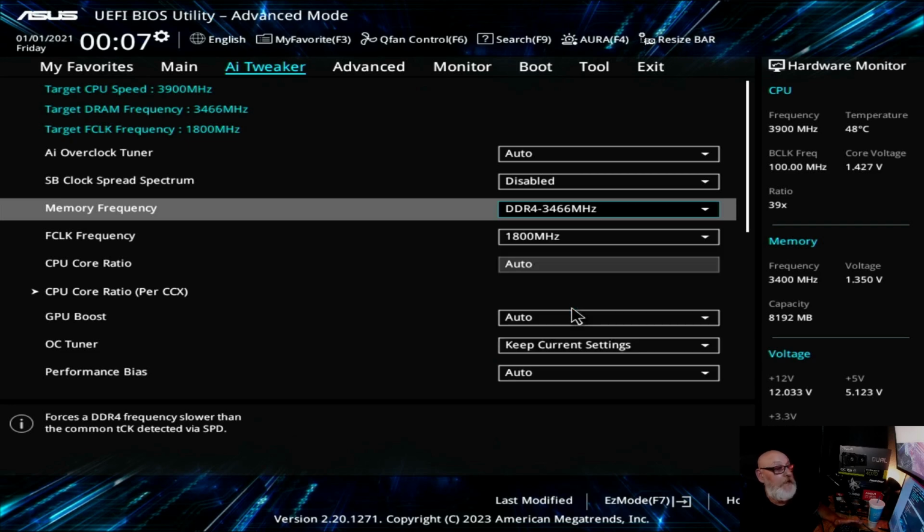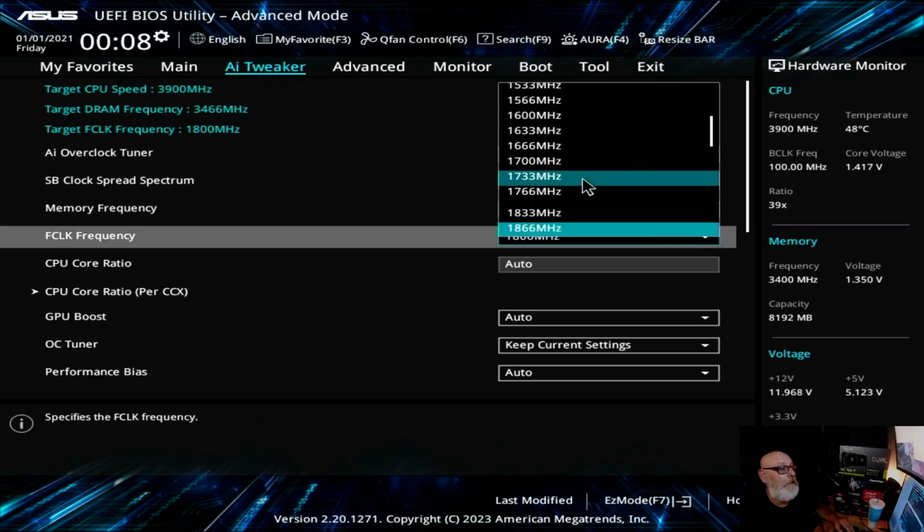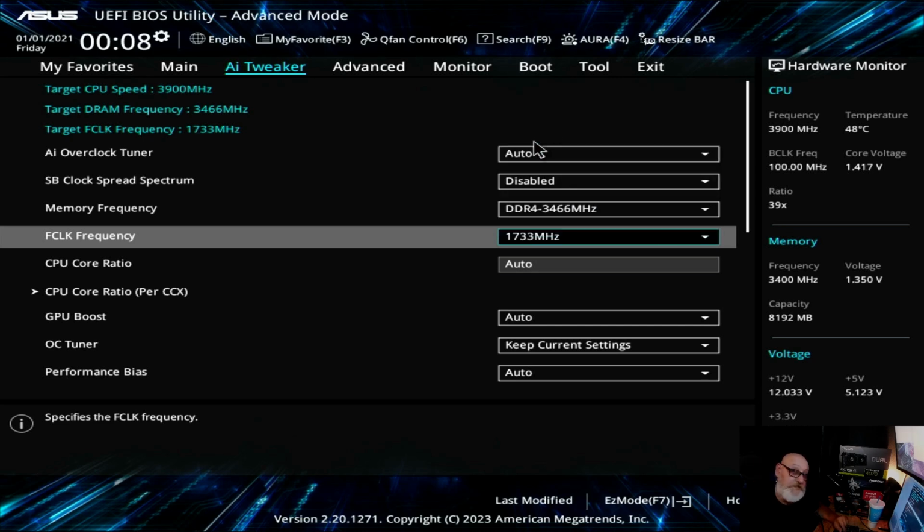Now you have to get your trusty old calculator out and you'll have to take the 3466 and divide that by 2. Gives me 1733. Right there. So you see, it's not hard.